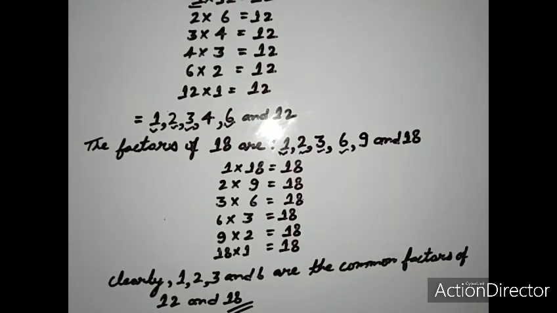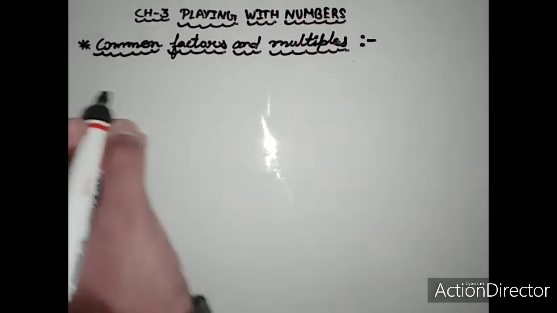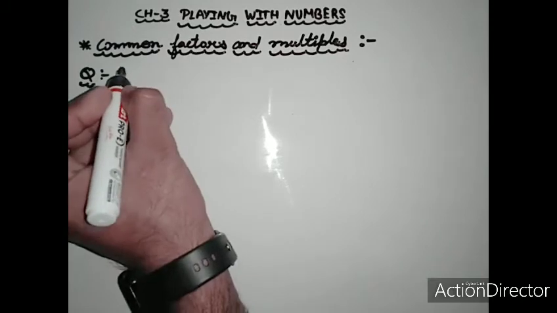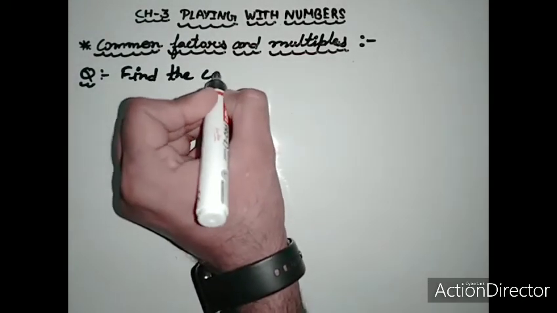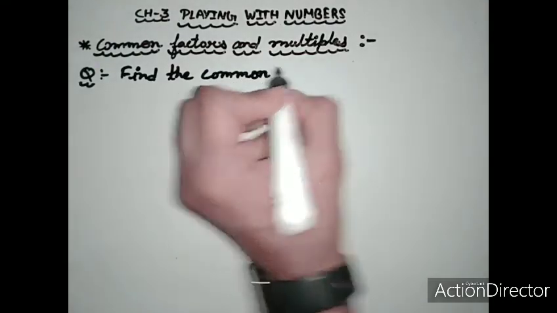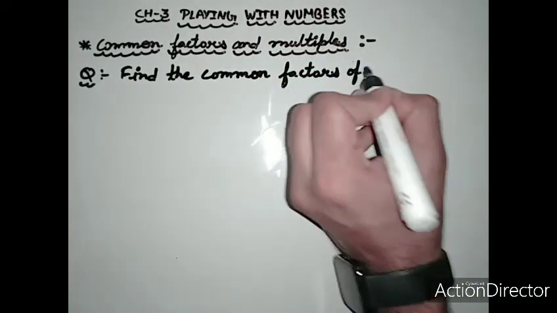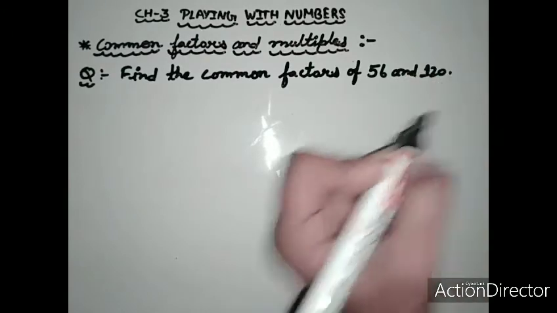Okay students, by using this method you can also find the common factors of other numbers. Now we find the factors of greater numbers. Here we take another example. Find the common factors of 56 and 120.